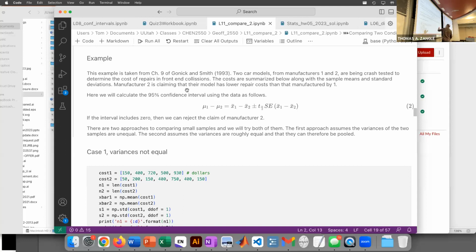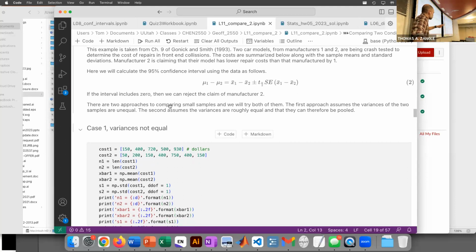So we're calculating the 95% confidence interval on the data as the sample mean of 1 minus the sample mean of 2, plus or minus this uncertainty. And our task then, as far as equation 2 is concerned, is figuring out how we estimate the standard error when we have a set of experiments that were not conducted in this pairwise fashion. So what is this SE? And then how do we construct this t-statistic? All right, so that's what we're going to look at here.